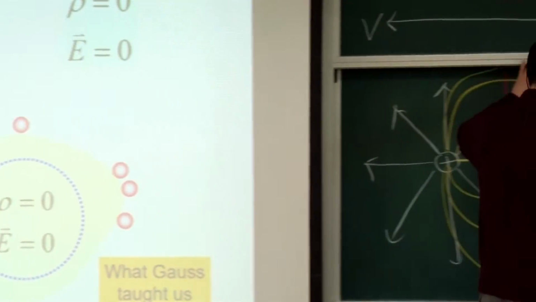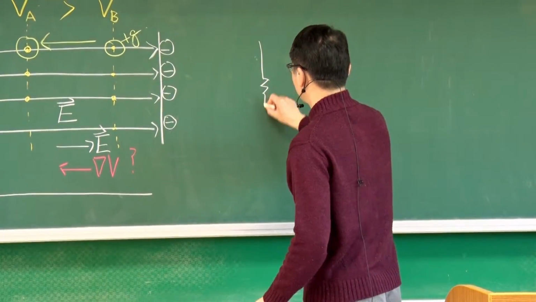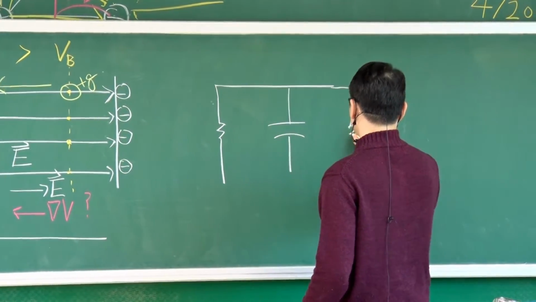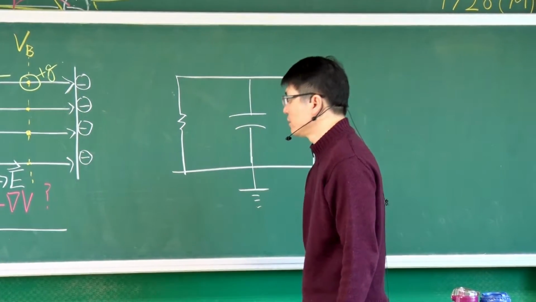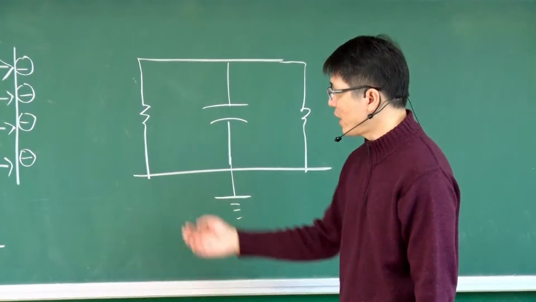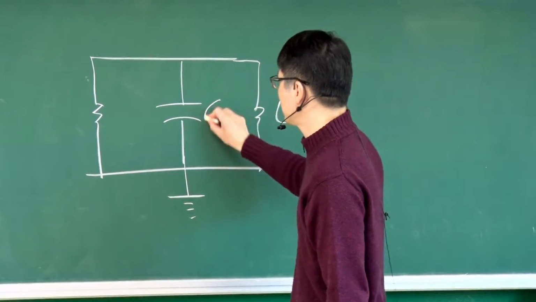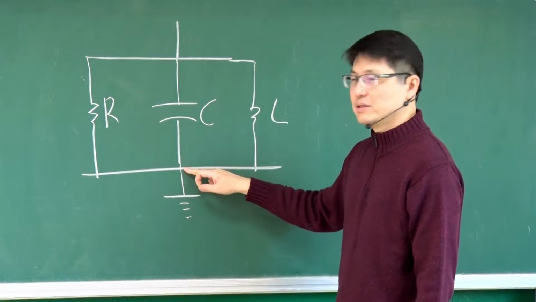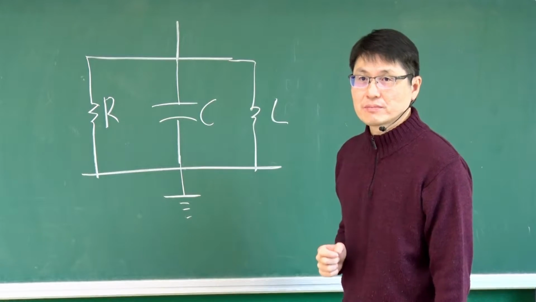So let me just draw a simple circuit diagram for you. This is something you learned, right? You have a resistor, you have a capacitor, you have an inductor, L, C, R, right? They are somehow connected together at 2 points.